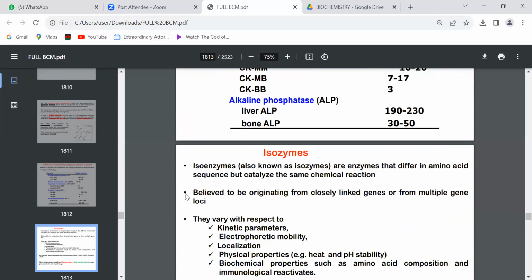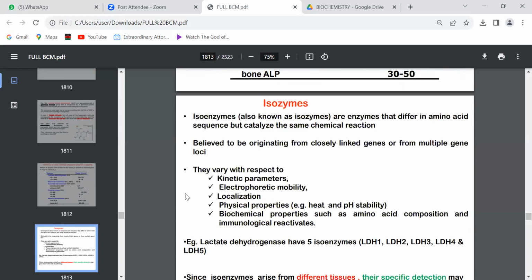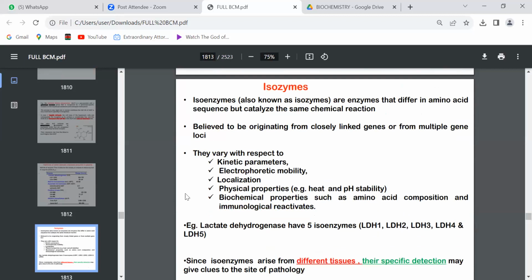Then we have isoenzymes. Like we said, if you've measured, say, LDH, and you've seen its levels are high, but it's found in so many organs, what you can do is measure the specific isoenzyme to determine which organ is affected.